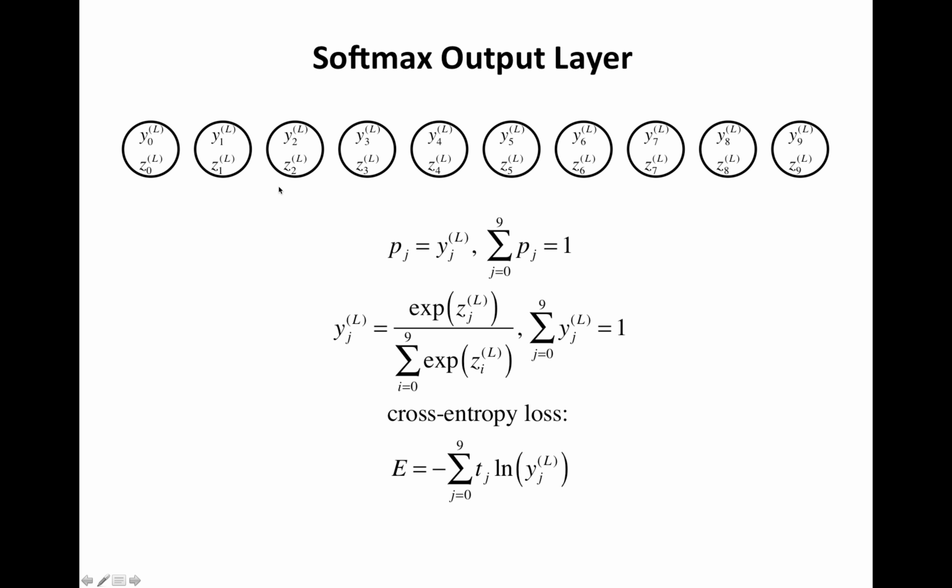And because each digit is mutually exclusive, if it is a number 1, it cannot be a number 9, and if it is a number 9, it cannot be a number 6. And the 10 digits have covered all possibilities. We can only have from 0 to 9.